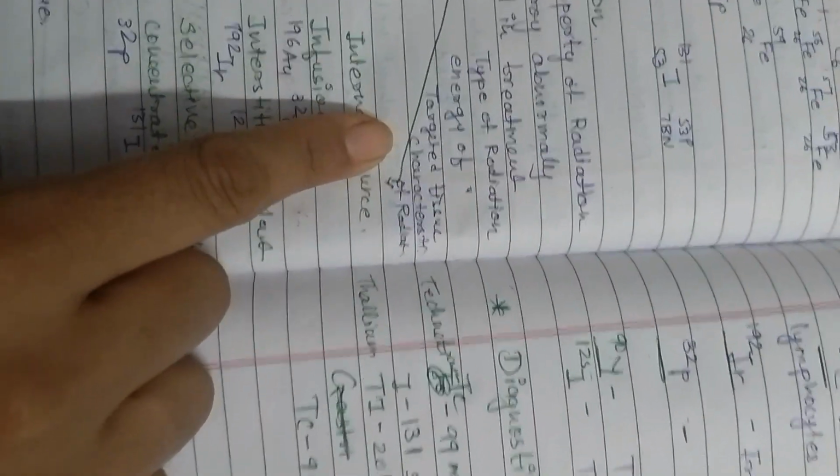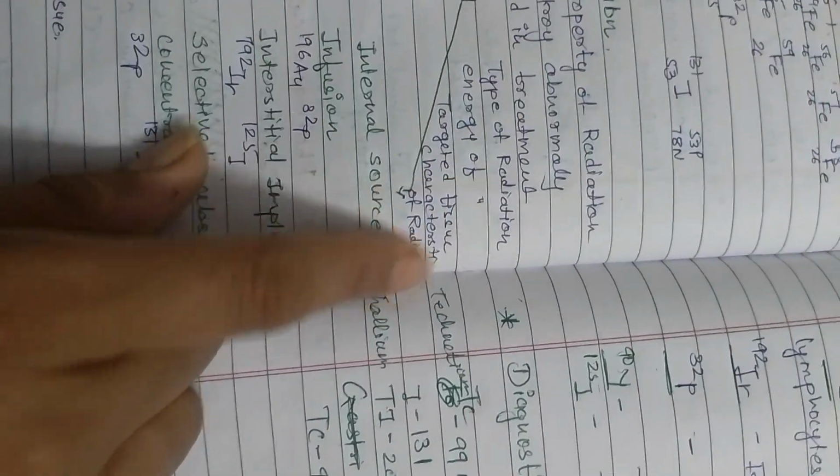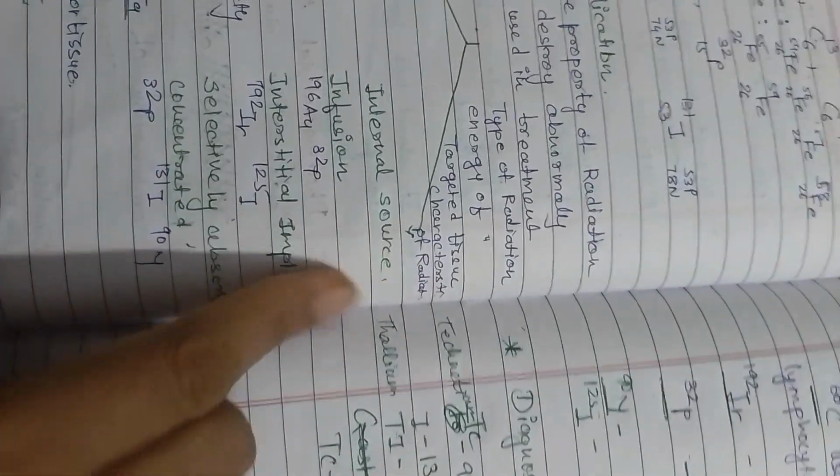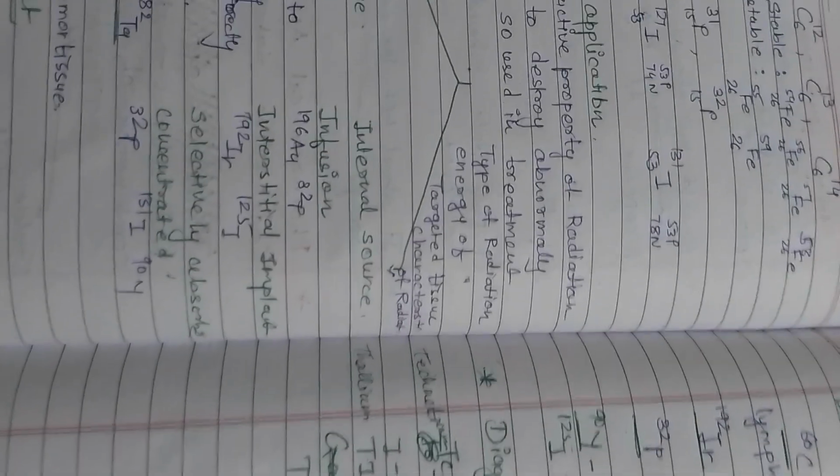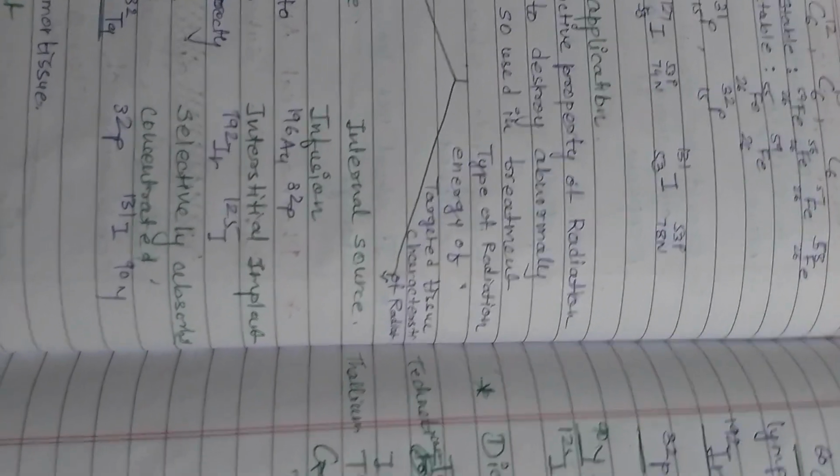Then the characteristic of the selected radiation: if it is an alpha particle, then it is heavier; a beta particle is lighter than the alpha; gamma is lighter still. Likewise, the characteristic should also be considered while selecting these isotopes.